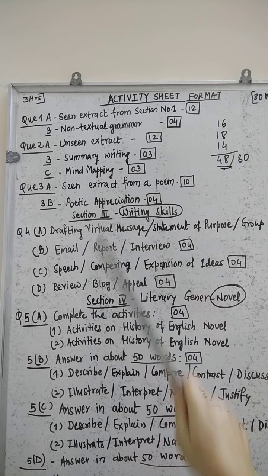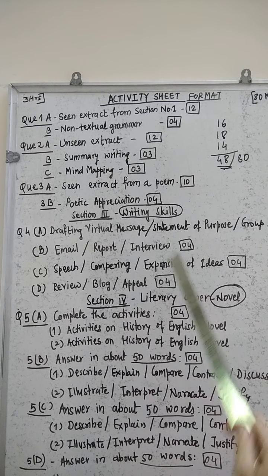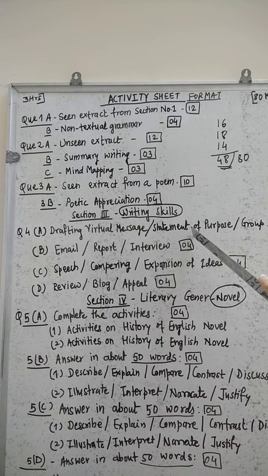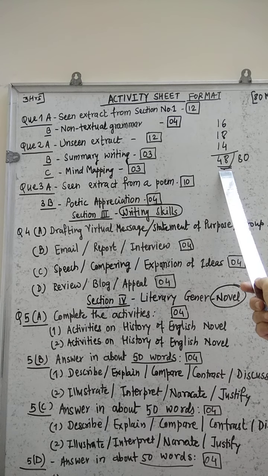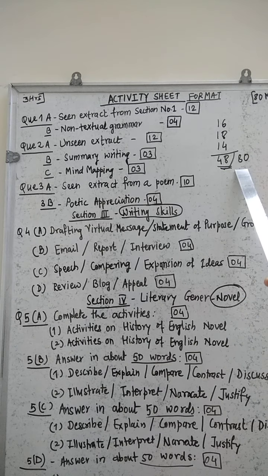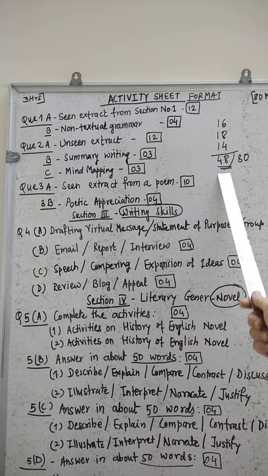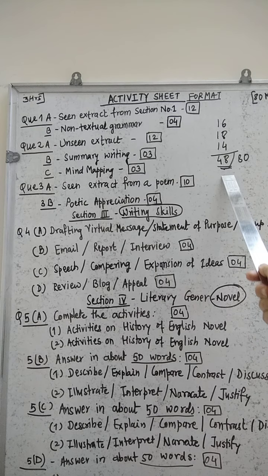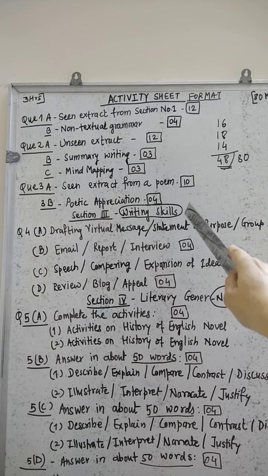Question 4 and 5 are a bit descriptive questions where you may lose a couple of marks, but question 1, 2 and 3 are very important questions for us because they are going to bring us full 48 marks out of 80. So with all these ideas in your mind, we will be beginning with our writing skills question.